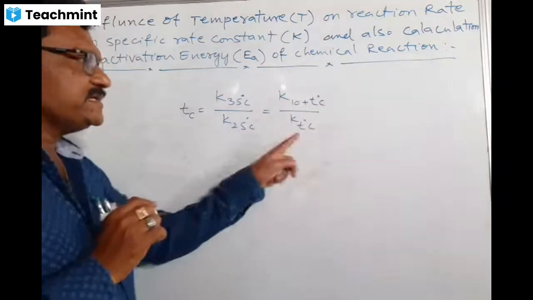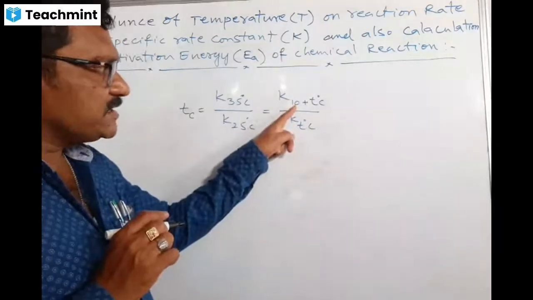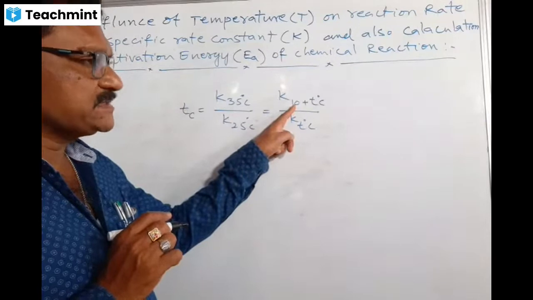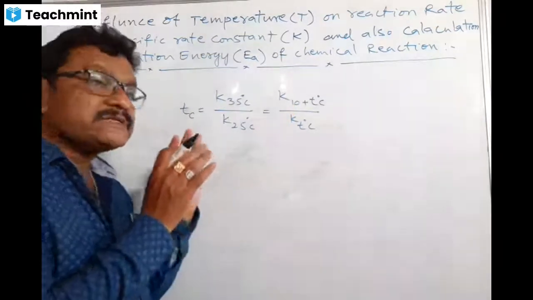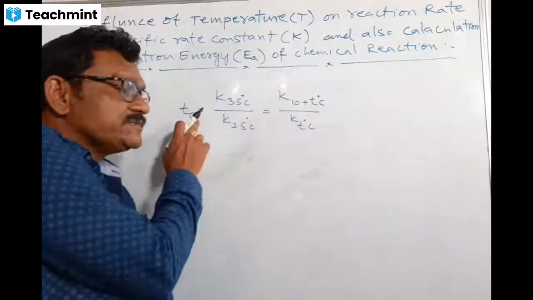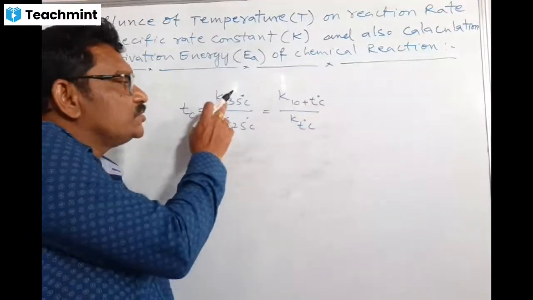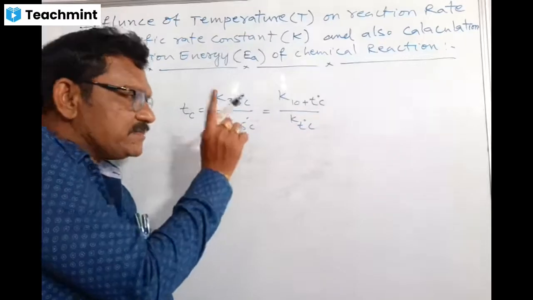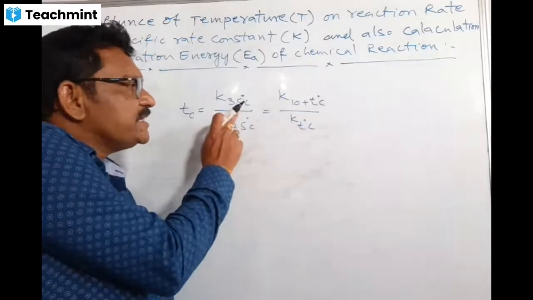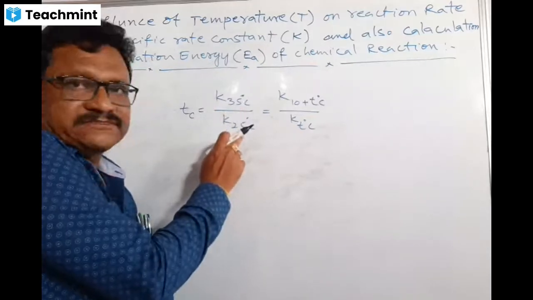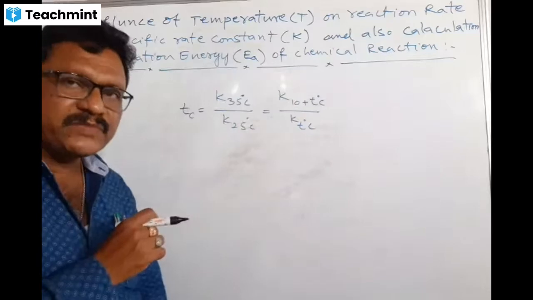If you take 25 degrees Celsius, in the numerator we add 10. So simply, how can you define temperature coefficient? It is the ratio of two specific rate constants of a particular reaction which differ by 10 degrees Celsius temperature. That means K35 by K25. So this thing you have to remember.